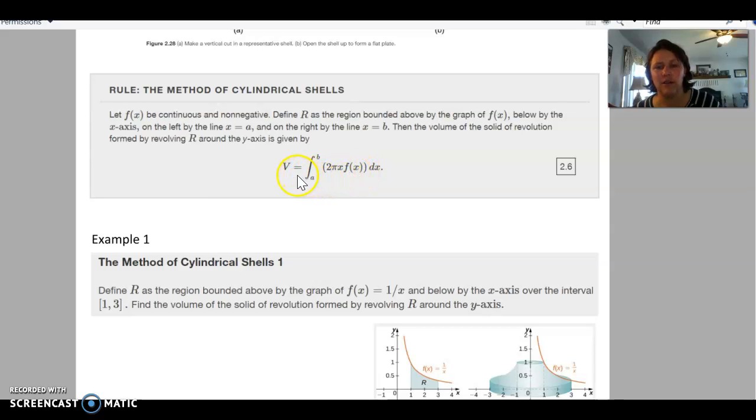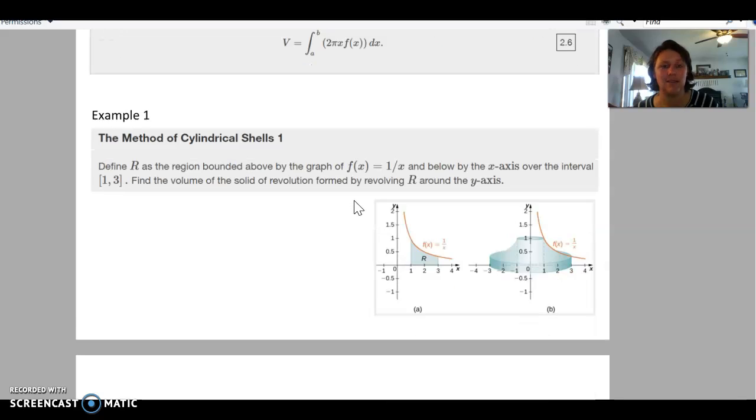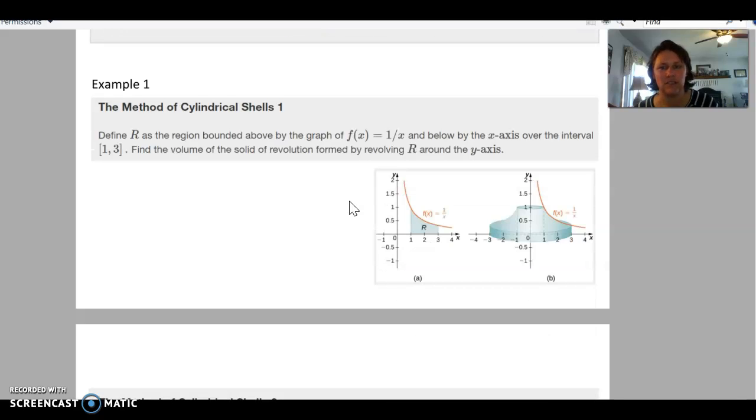So to find the volume, we're integrating the area of one piece of our function. This is our length times our height, and then the dx is going to be the width of that. So when we integrate, the volume will come out of this equation. Cylindrical shells is a really nice, easy method to do some of these more difficult equations.